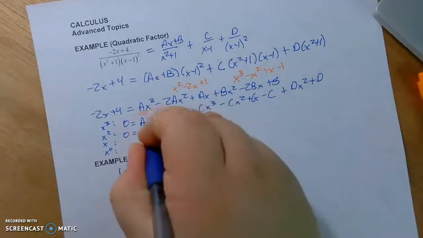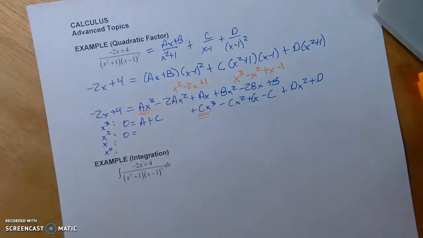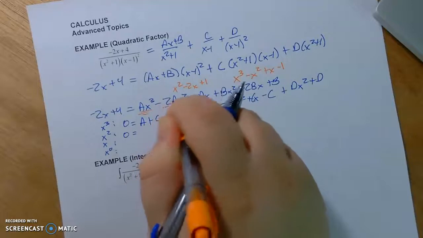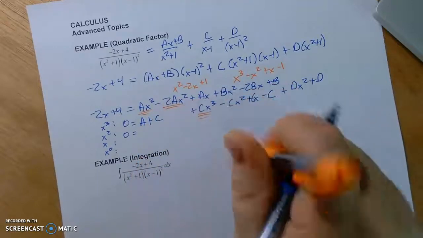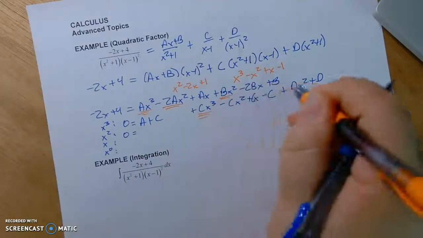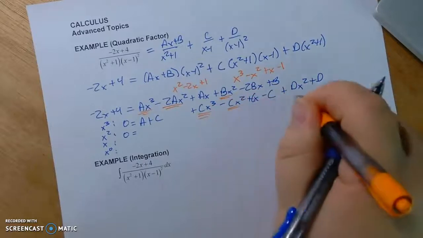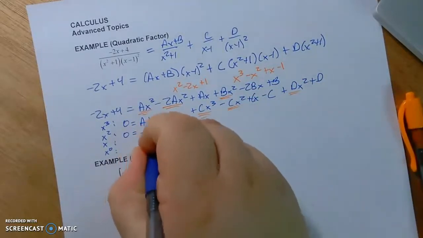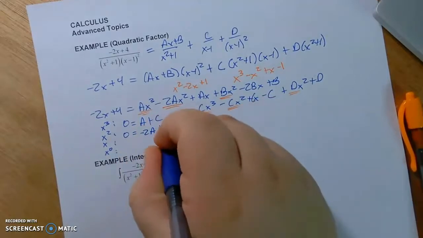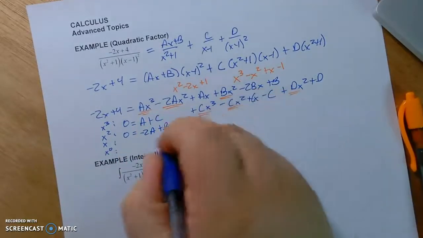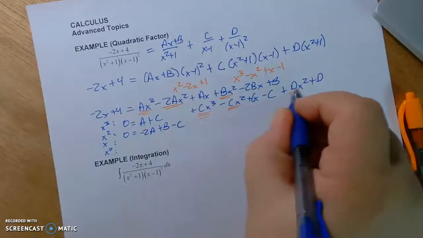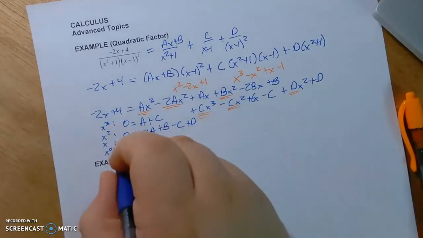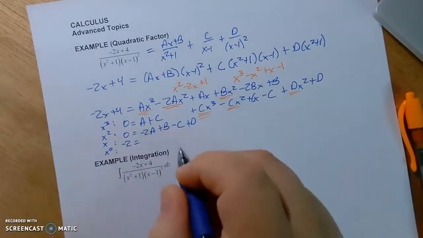So this is a plus c. For the x squareds, we have 1 there, 1 there, c, and a d. Ooh, that's fun. Negative 2a plus b minus c plus d.